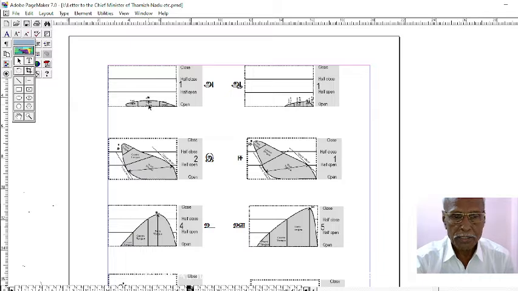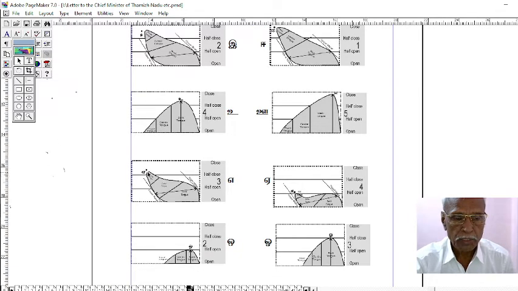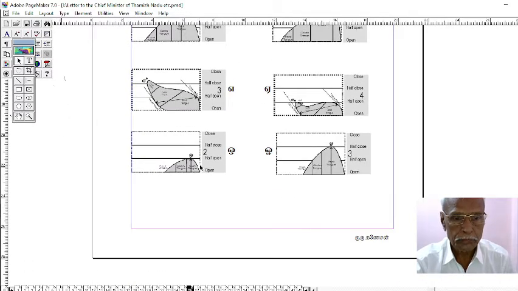A, center, back. E, E, E. U, U, U. A, A, A. O, O, O.